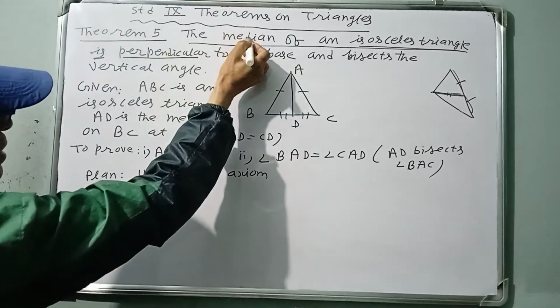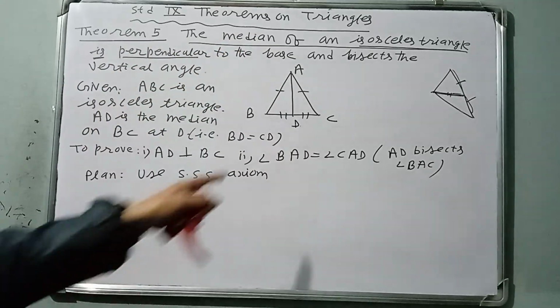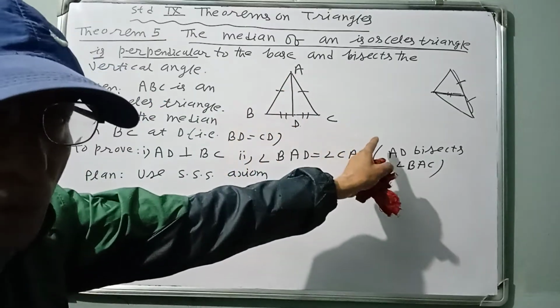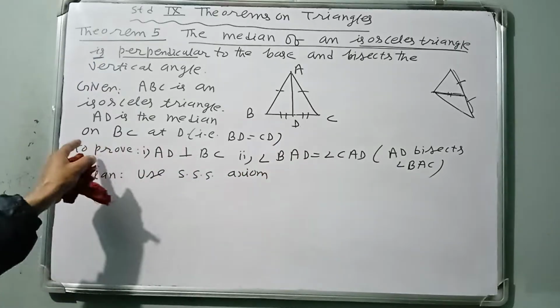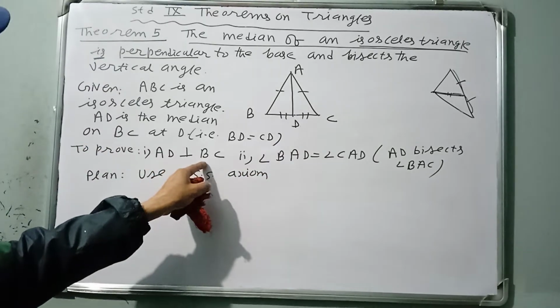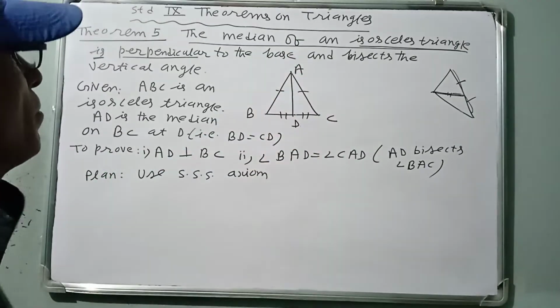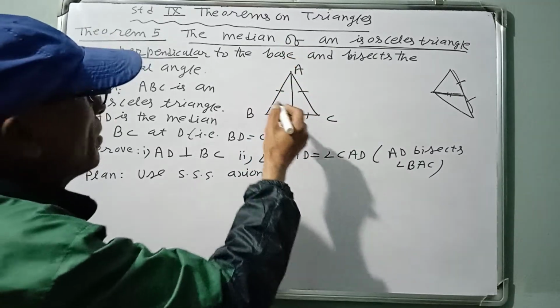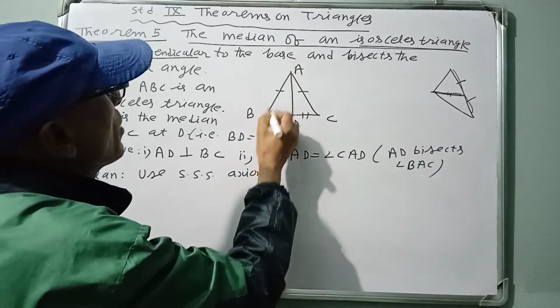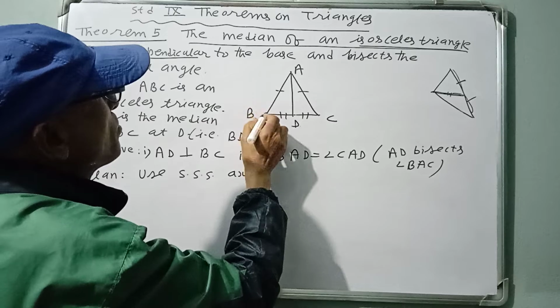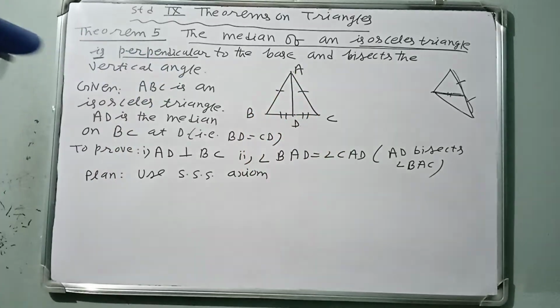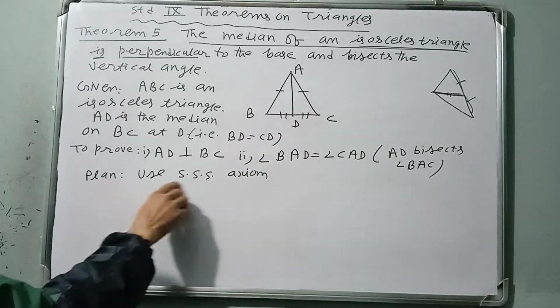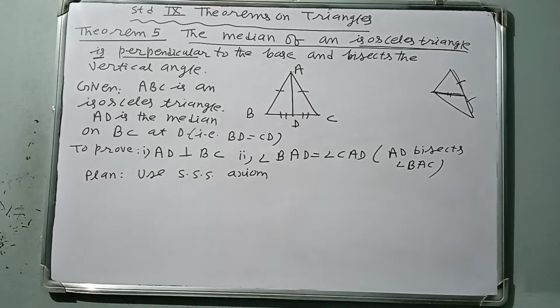Median is perpendicular to the base. AD is perpendicular to the base. To prove AD is perpendicular to base and the median AD bisects the vertical angle BAC. It means angle BAD equal angle CAD. Plan, use SSS fact.